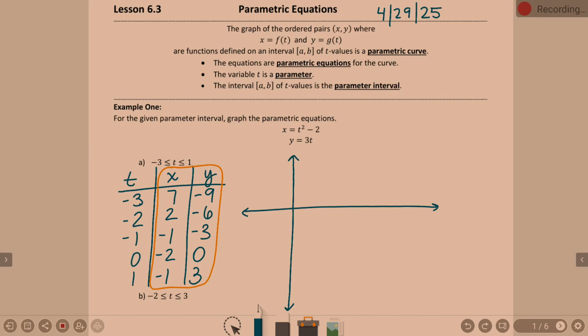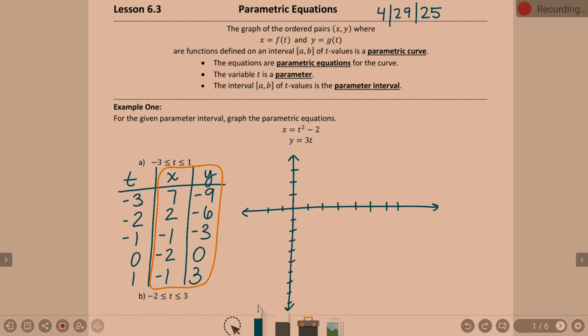So first ordered pair, oh wait, hold on, let me put some marks on here. 2 left, 7 right. I need to be able to go 3 up, and I need to be able to go 9 down. Okay. I didn't necessarily label my tick marks, but I like to put them on there ahead of time. It helps me to be organized here.